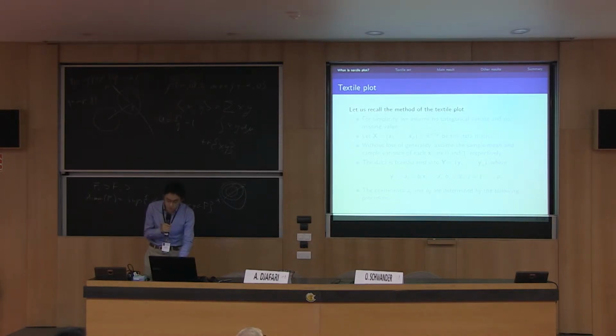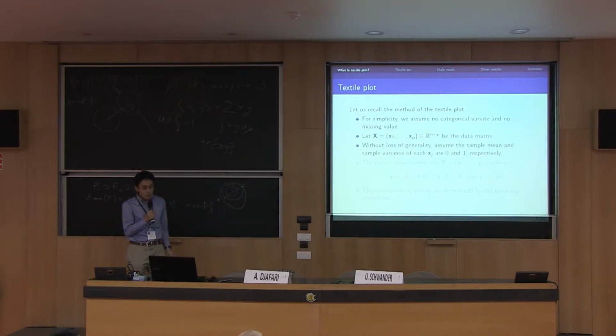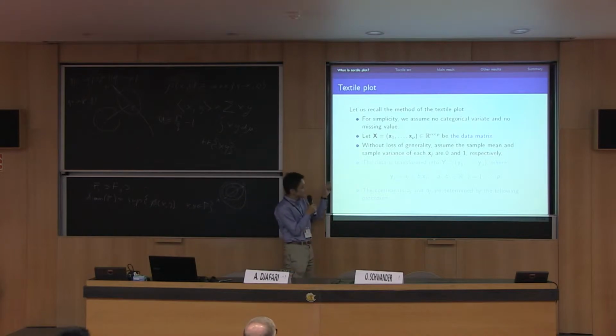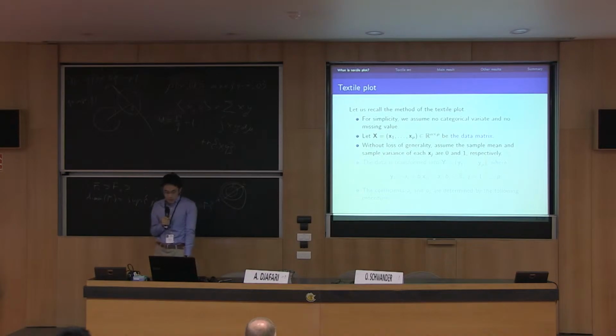So let us recall the method of the textile plot. For simplicity, we assume no categorical variate and no missing value here. Let X be the data matrix with n times p elements. Without loss of generality, we assume the sample mean and sample variance of each xj are 0 and 1 respectively.